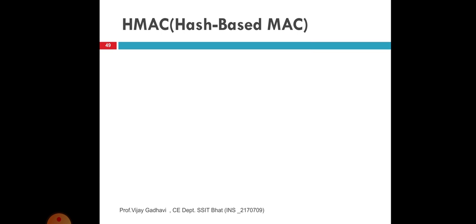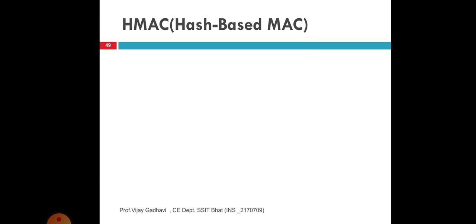Now we are starting with hash-based MAC, that means HMAC, which in cryptography is sometimes expanded as either keyed hash message authentication code or hash-based message authentication code.